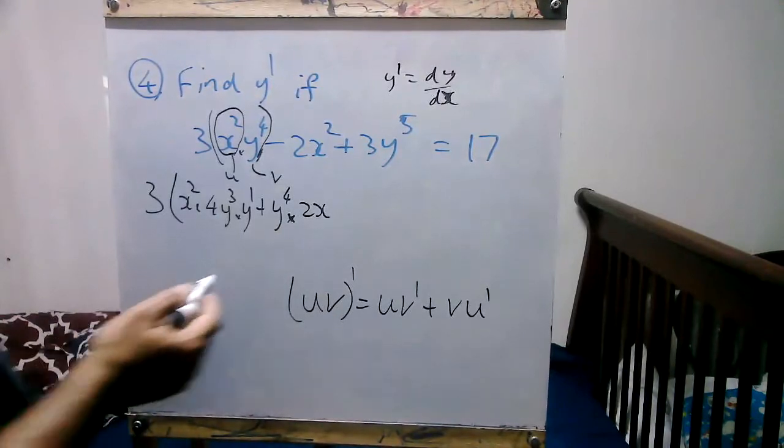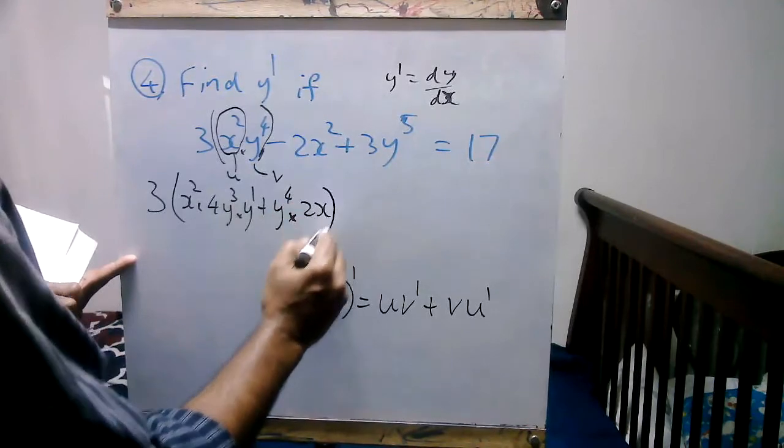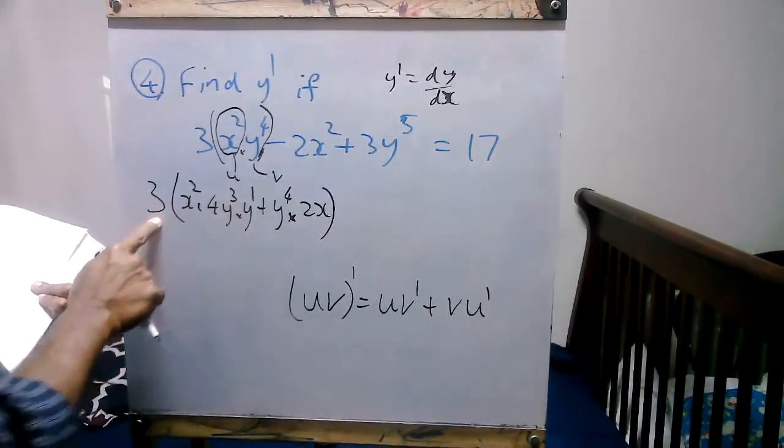Now that's it, that's the derivative of this. So I close parenthesis, so that is multiplied by 3.